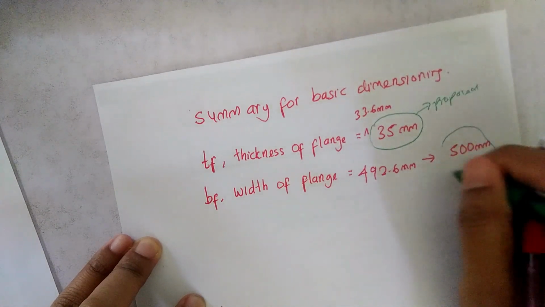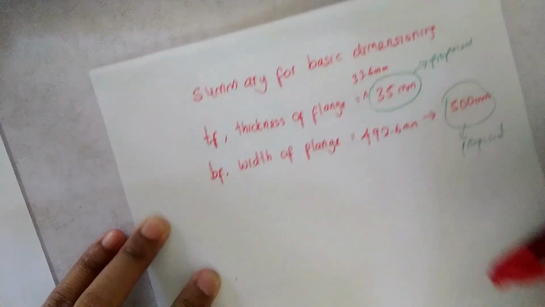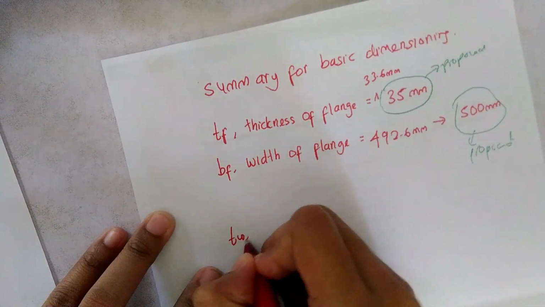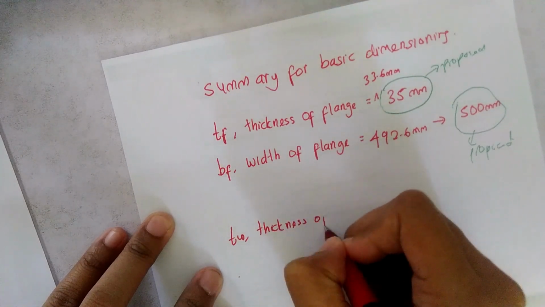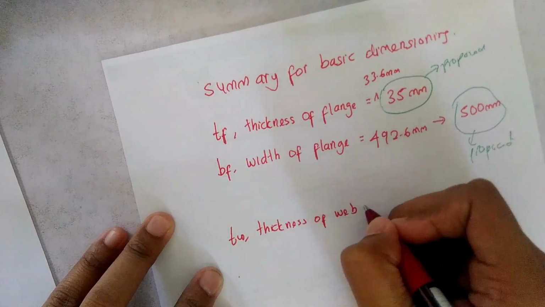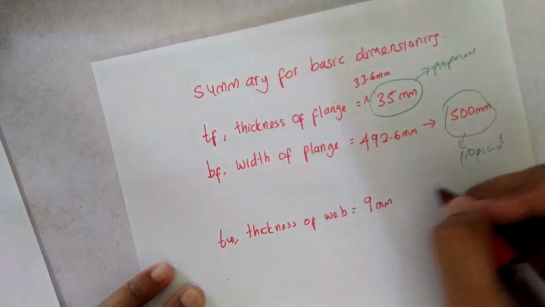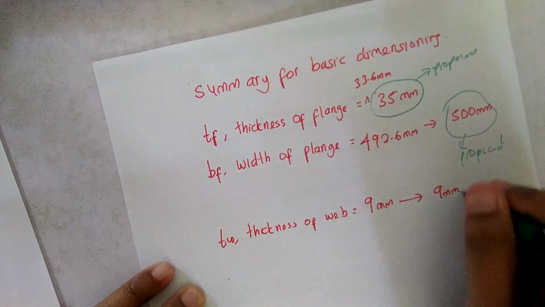Again, this is a proposed value. And then you have the thickness of web, t_w, which is equivalent to 9 mm, and we also propose it to be 9 mm.